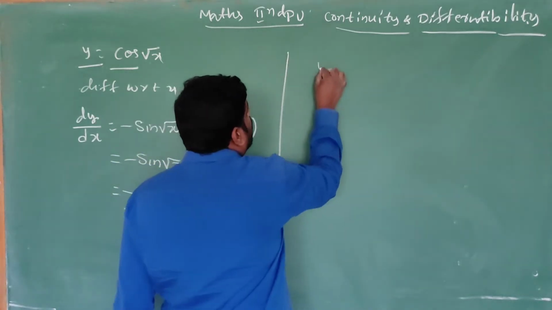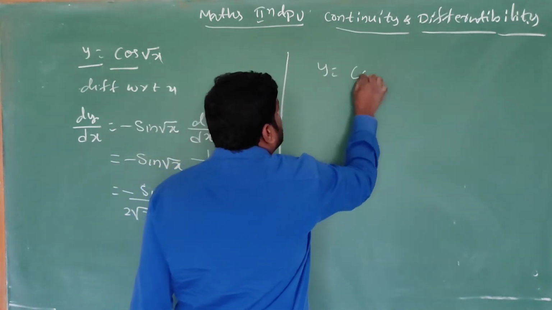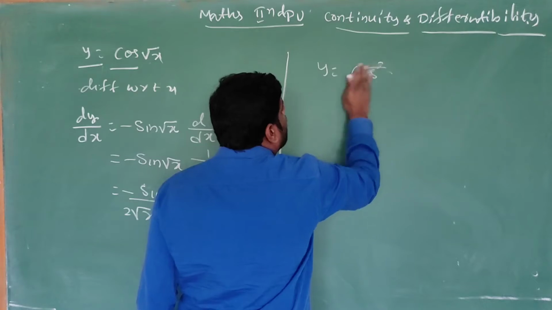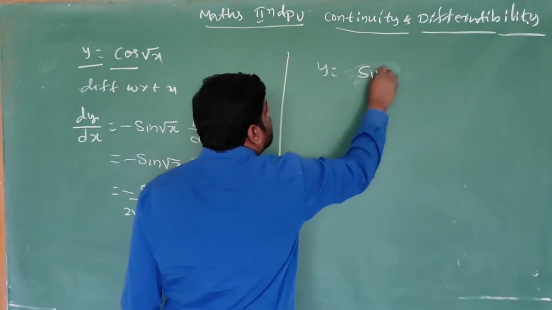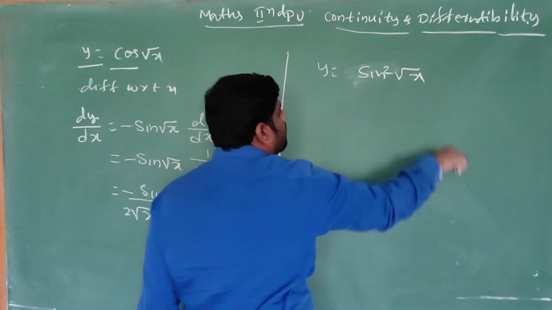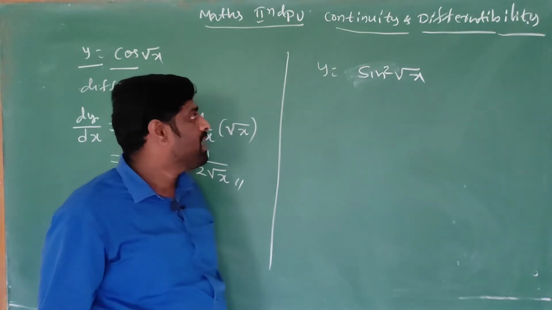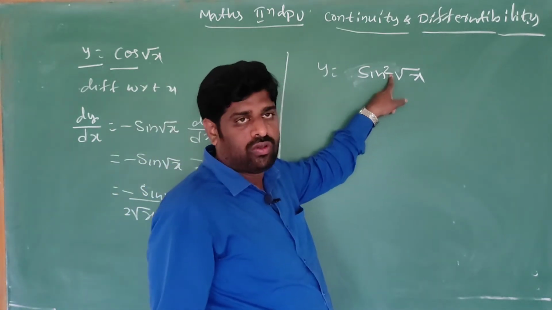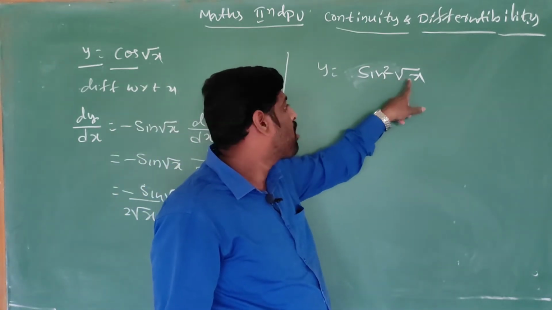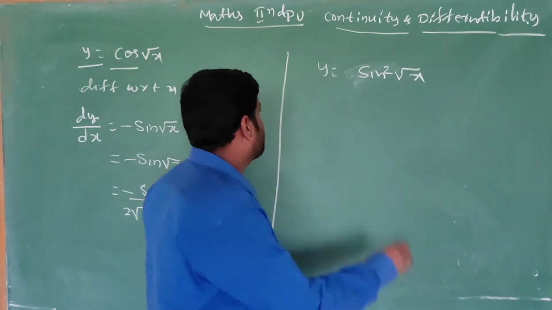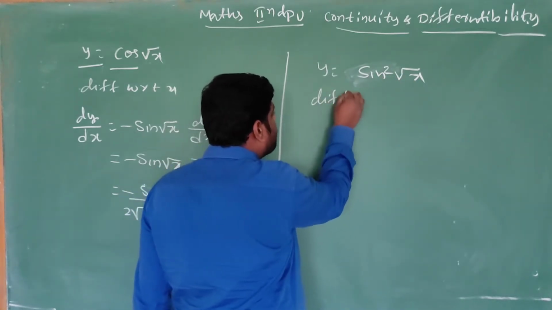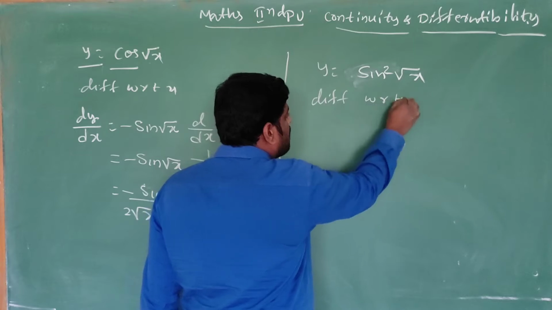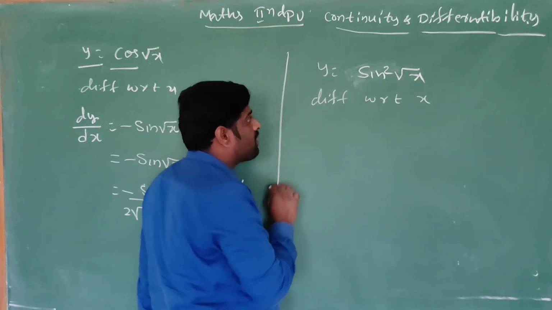Next, y is equal to cos square or sin square root x. Now we can differentiate first 2, and after that sin, and after that root x. Differentiate with respect to x.